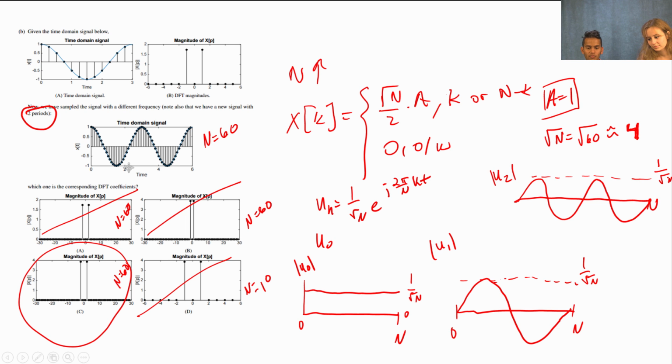So the idea is that you keep adding more and more until you reach your maximum frequency possible. That was what she was saying about counting the number of periods present in the signal. What we're essentially doing is scaling those Uks, whatever they are, and trying to get our original sinusoid.